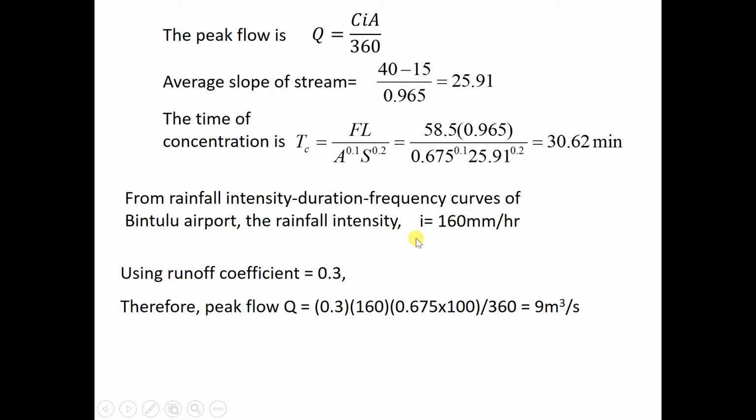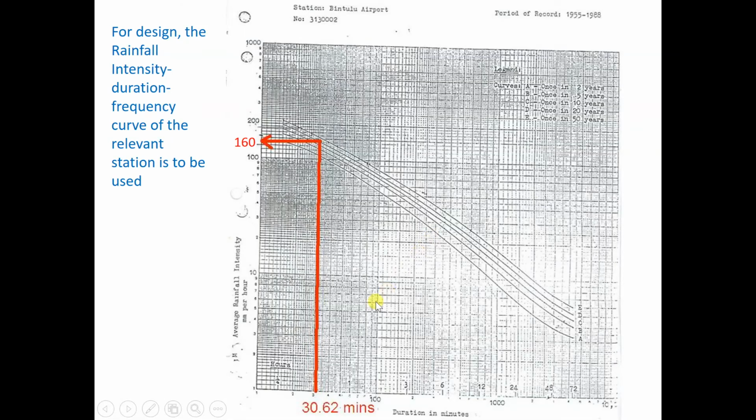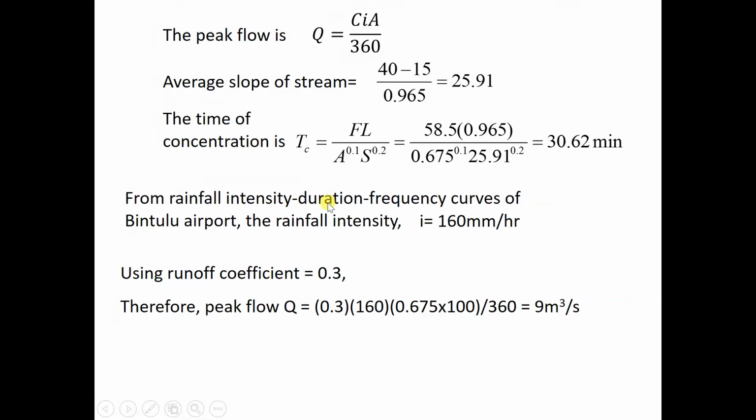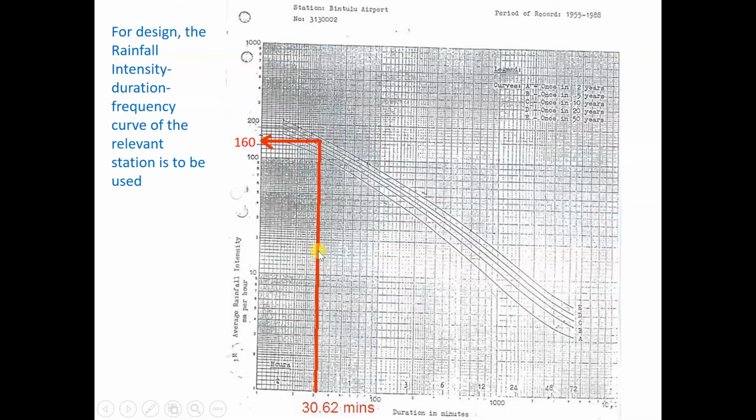So the rainfall intensity I is equal to 30. We have this 30.92, and then you draw a line up there, and this curve here actually is for 20 years.